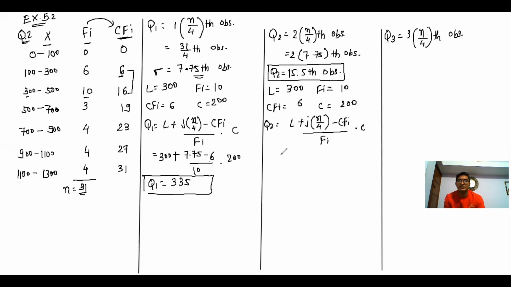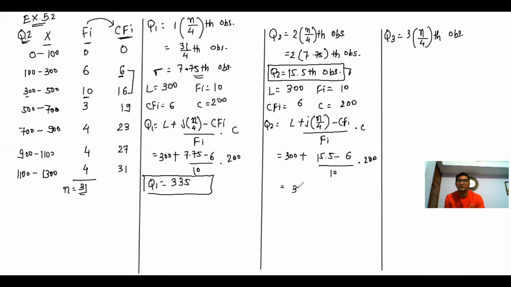Now 300 plus, instead of n by 4 we can write 15.5 less CFI 6, divided by Fi 10, multiplied by C 200.